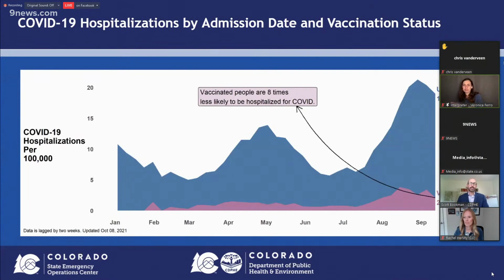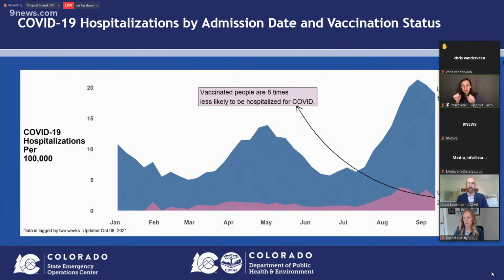As we have discussed many times at these press conferences, this continues to be a pandemic of the unvaccinated at this point. And vaccinated people are 8 times less likely to be hospitalized for COVID in the state of Colorado.